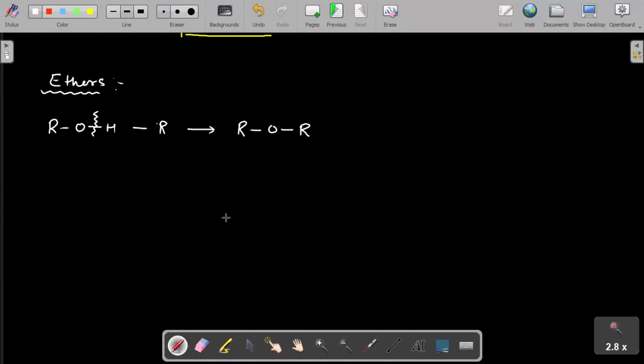So let us start these reactions with the first method of preparation. Preparation of ethers.